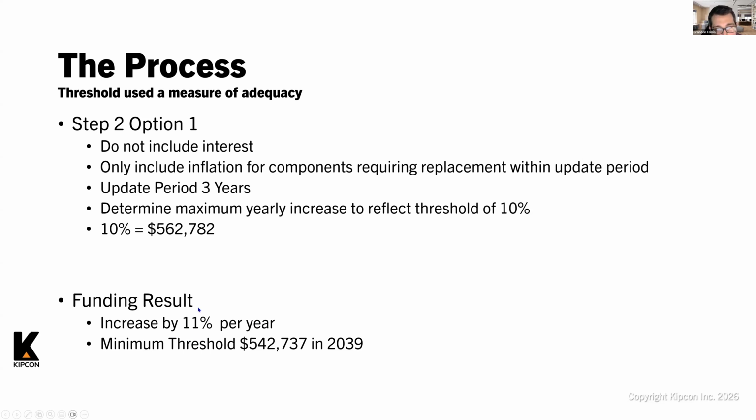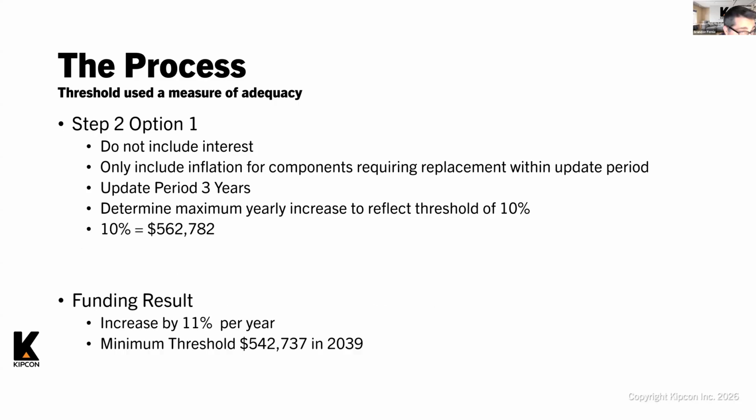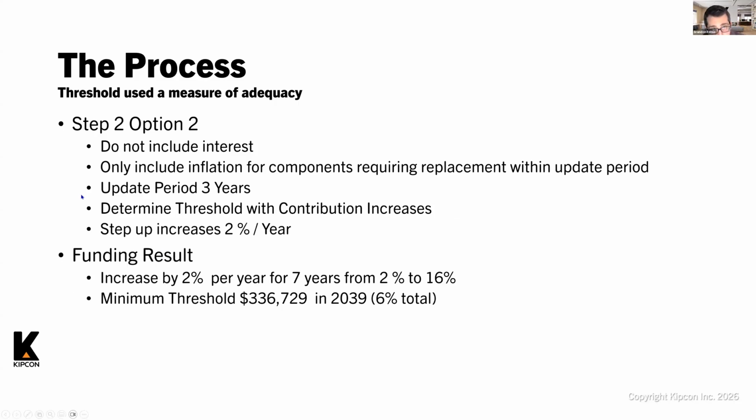If we were to increase by 11% per year, every year moving forward, we would at minimum always be above $542,000 in our fund. You can see that is pretty close. Again, this is never going to be exact, but you're within $20,000 of where your anticipated 10% number was. That would be acceptable technically.